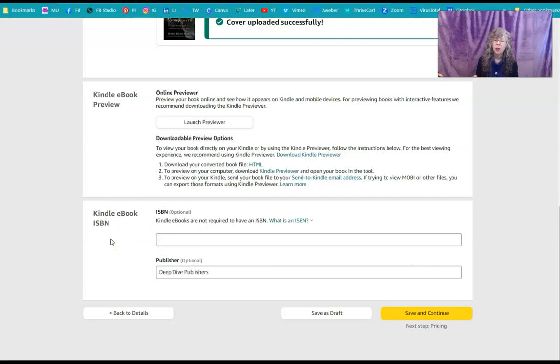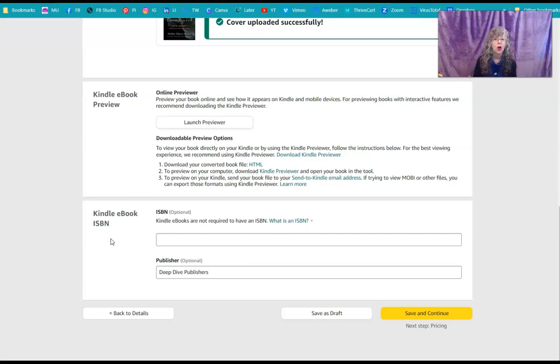Now, the only reason you would ever get an ISBN for an ebook is if you're also publishing it on other platforms like Barnes & Noble and the Nook, or Apple, with their app. So that has to be in different formats. It has to be uploaded in those separate places. But if you were doing that, you would need an ISBN for your ebook version, because books and ebooks, even though it's the same text, have to have a separate ISBN for each version of the book.